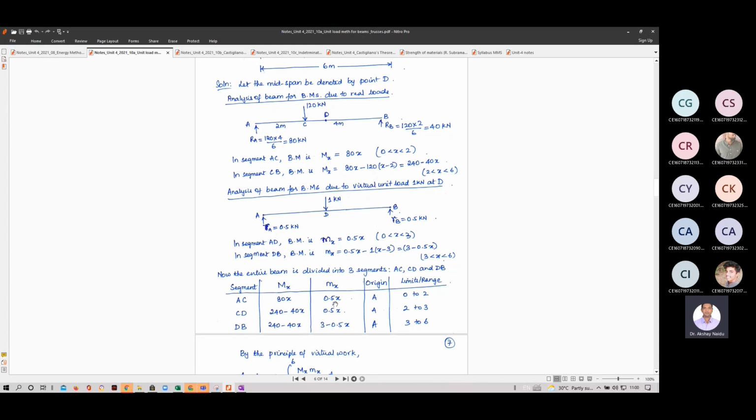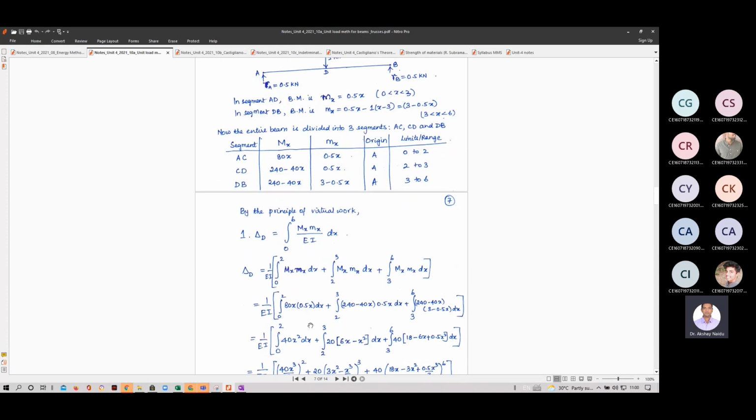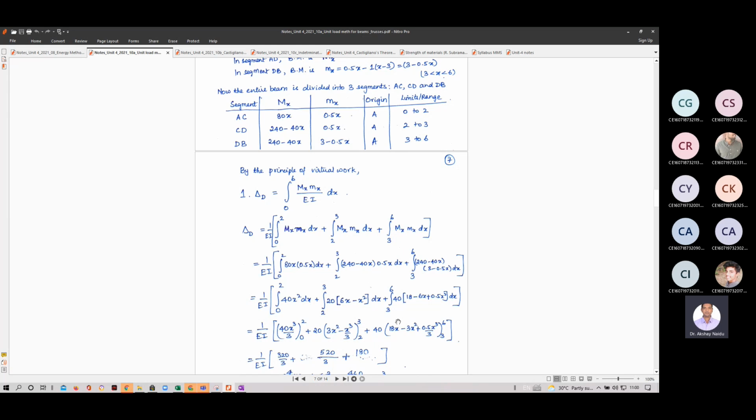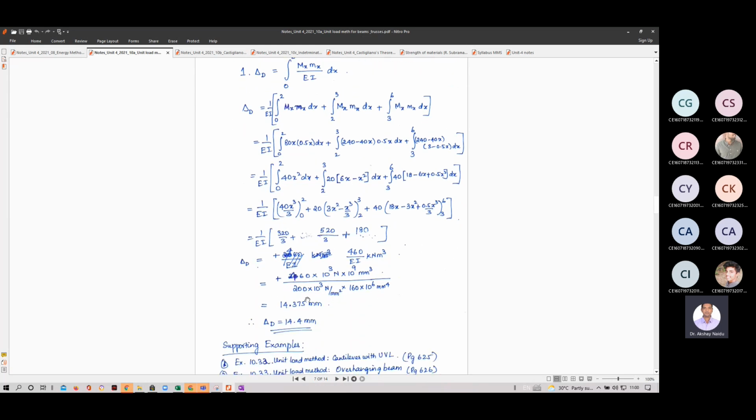Anyway, once you do this, then small m, capital M by EI, with limits of integration. EI is constant, so we integrate and calculate the integral carefully. Exactly the same value of deformation you get. Remember one thing again, here 1 is in kilonewton on the left hand side.